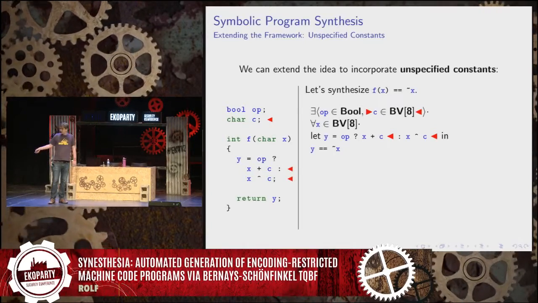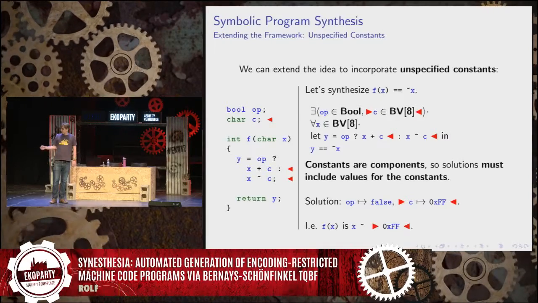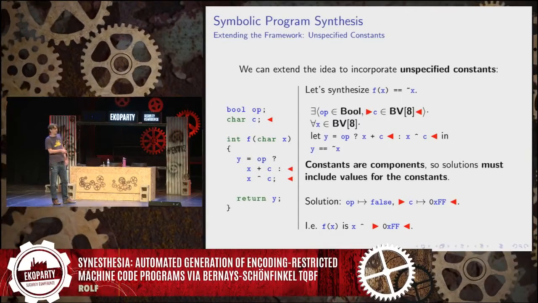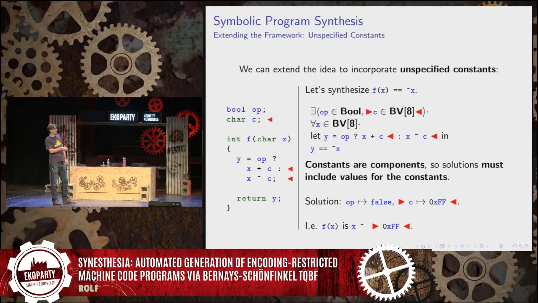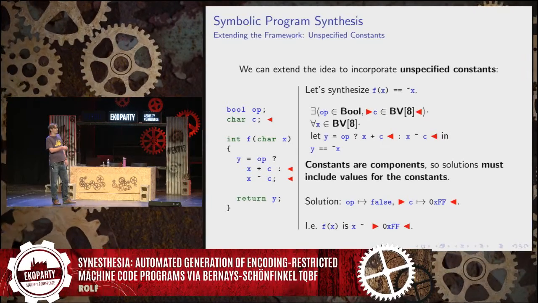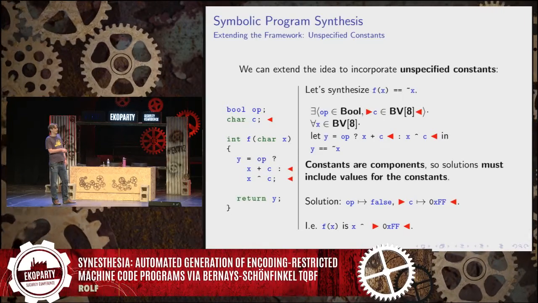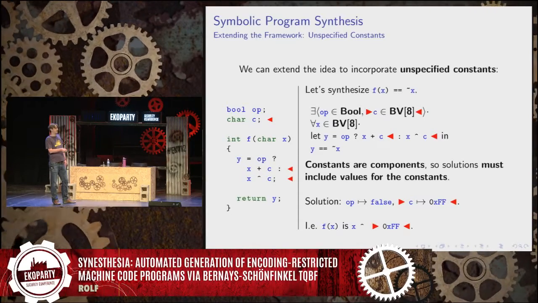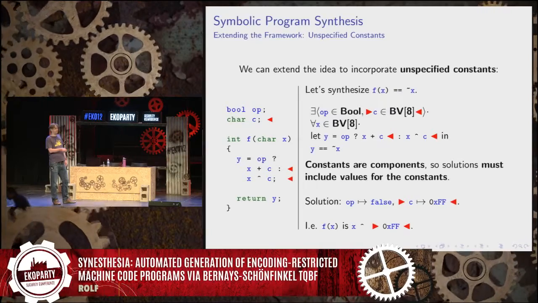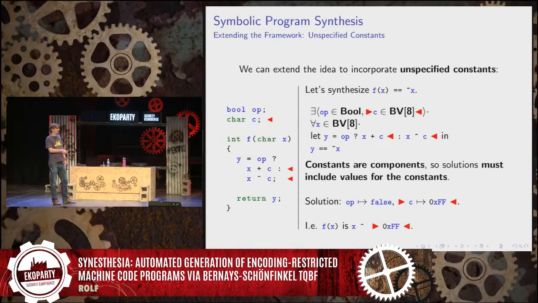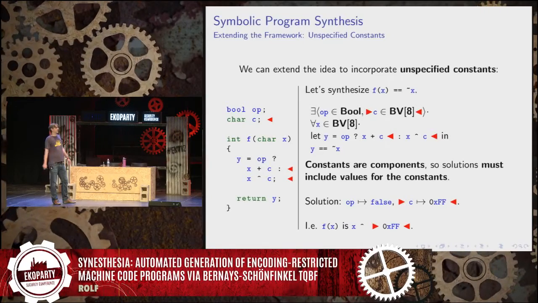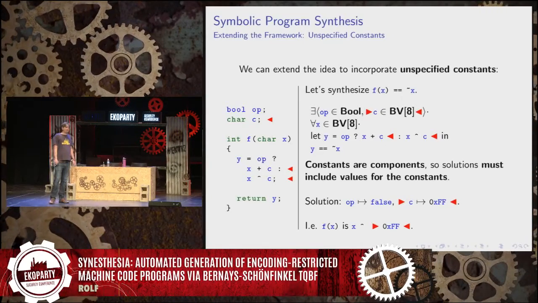If we feed that to an SMT solver and solve it, it's going to have to provide us with a value for the constant. In this case, it says yes, you can synthesize f of x equals not x. You just have to set op to false and c to 0xFF, which is all ones. So there's our program that we synthesized: x XOR 0xFF.